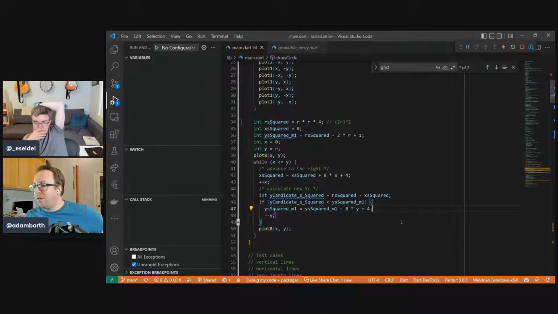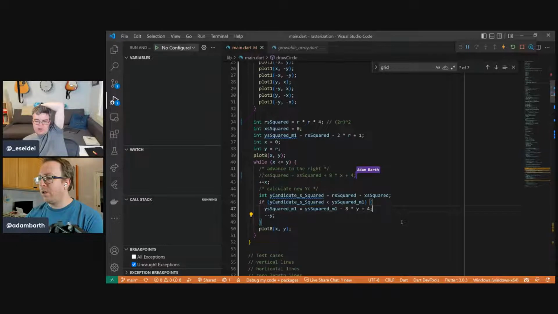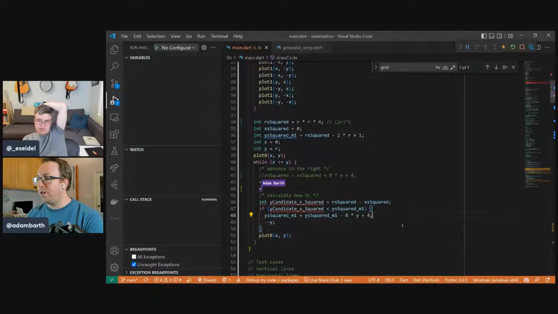But what's weird to me is, why isn't this just x squared? Can we try that? What goes wrong if we replace this with actual x squared? You'd have to also do the y as y squared.